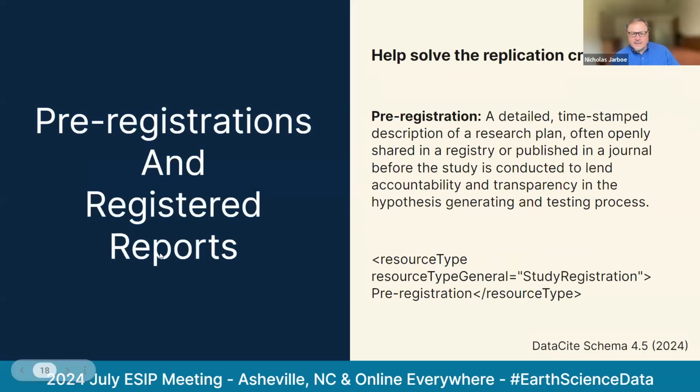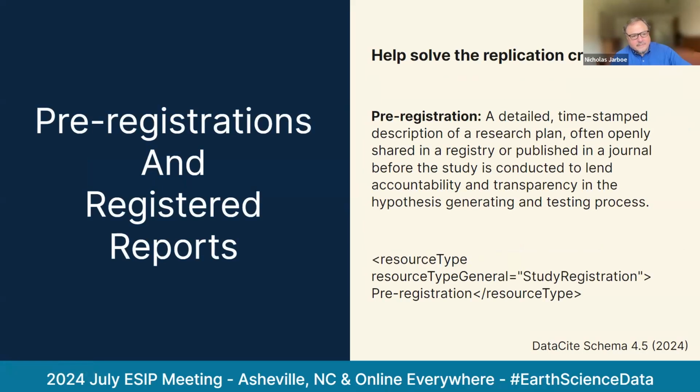Another addition is pre-registration reports. So I'm sure you've all been aware that there's been a rise in awareness of a replication crisis in many studies where large data sets are collected and then certain conclusions are made from the data, but it's more a factor of large data set searching and p-hacking.